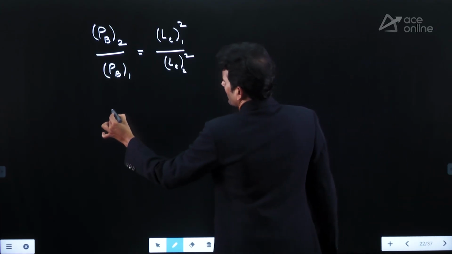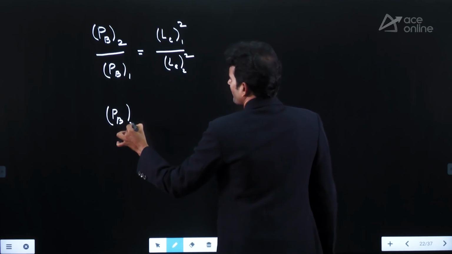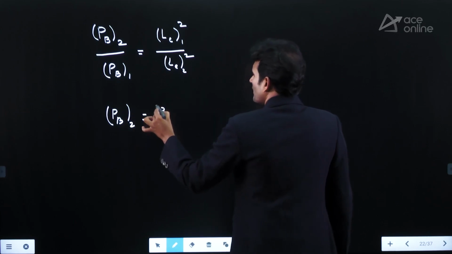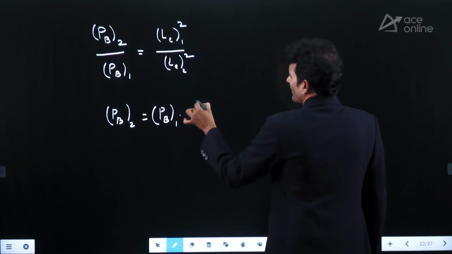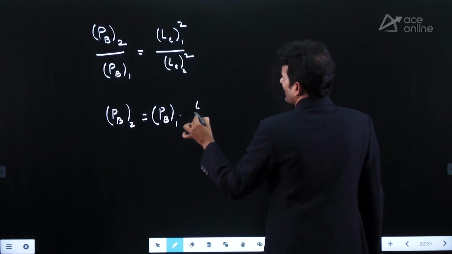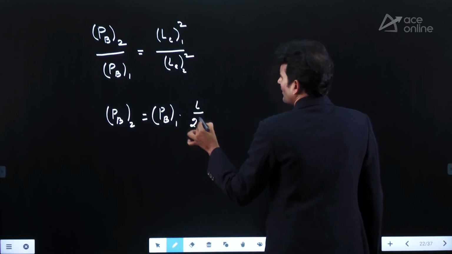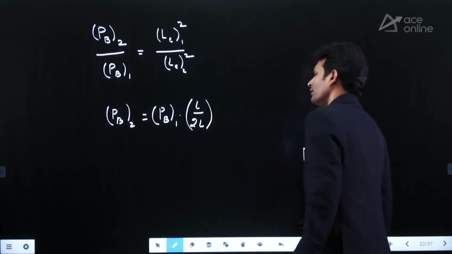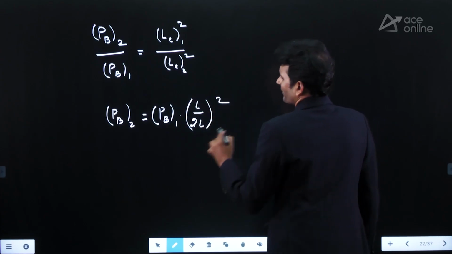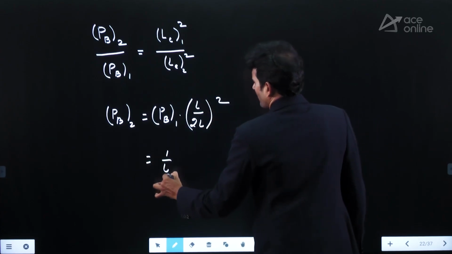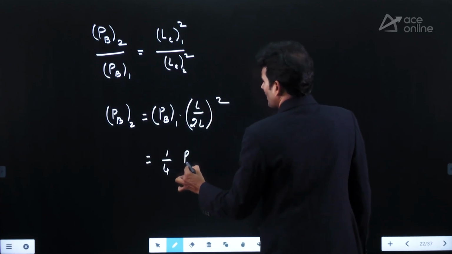Then try to rearrange the terms. Then it is PB1, LE for first one L and the second one double. We are doubling the length, then it will be square. It is nothing but 1 by 4 times the initial critical load.